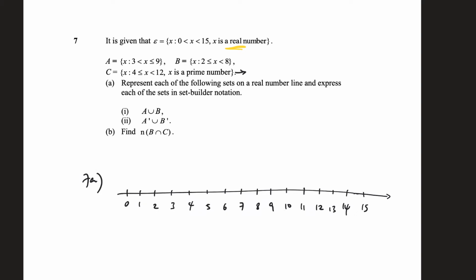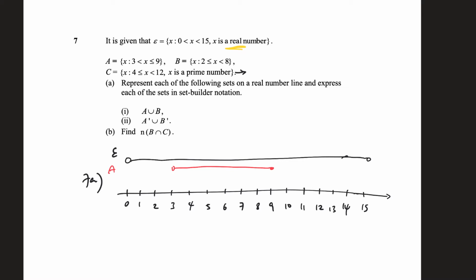So the universal set is 0 to 15, not including 0 and not including 15 because it's strictly greater than, strictly less than. So we don't include the ends. So 0 all the way to 15. And then set A is between 3 and 9, so not including 3, strictly greater than 3, and all the way to 9.